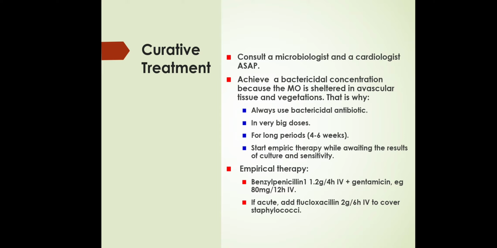The curative treatment. First step is to consult a microbiologist and cardiologist as soon as suspicion is evoked. Achieve a bactericidal concentration of the drugs because microorganisms are sheltered in avascular tissues in the vegetation, so that is why always use the bactericidal antibiotics in a very big dose for a long period, and start empiric therapy while awaiting the results for culture.